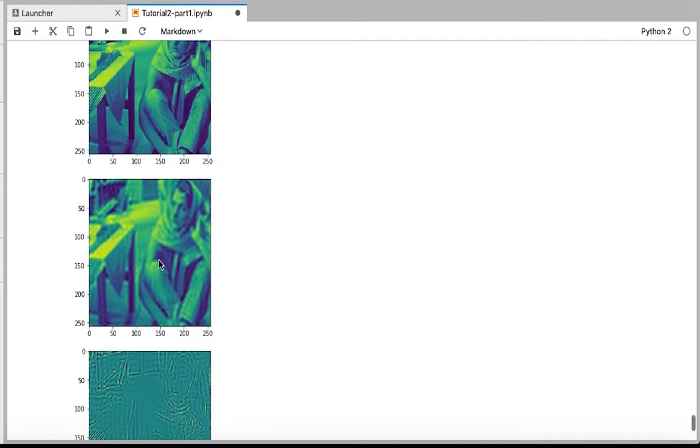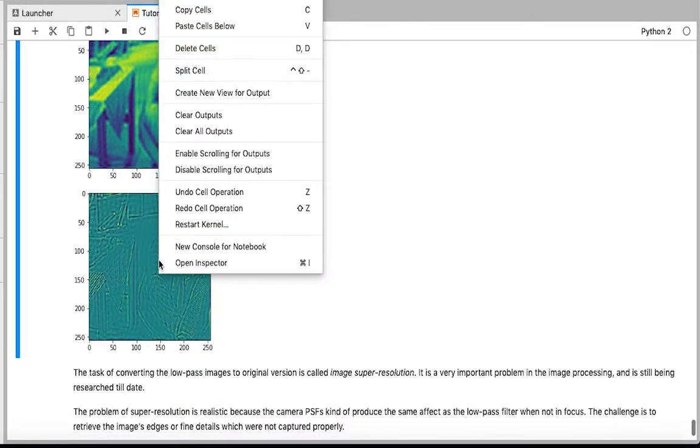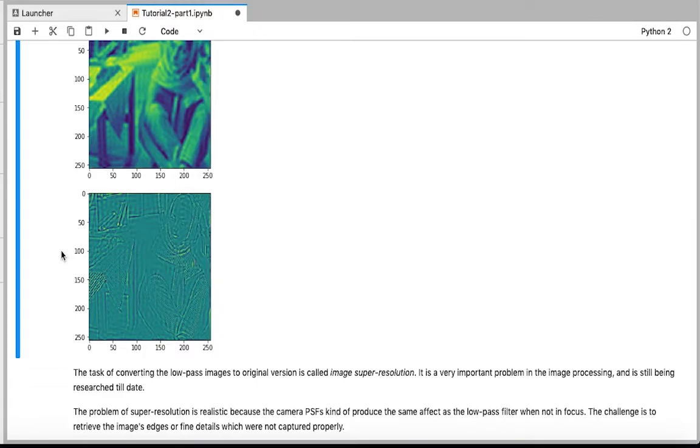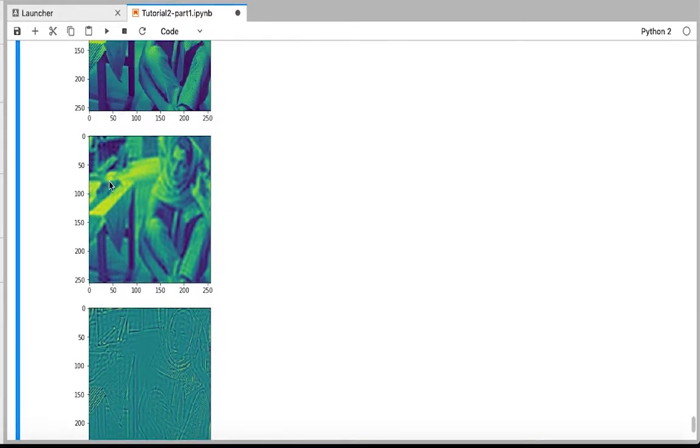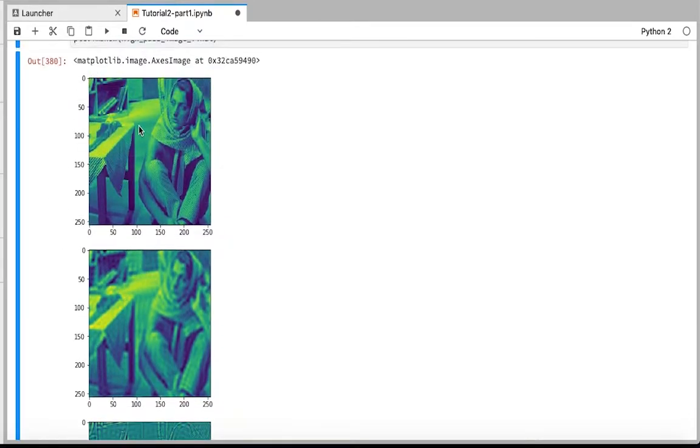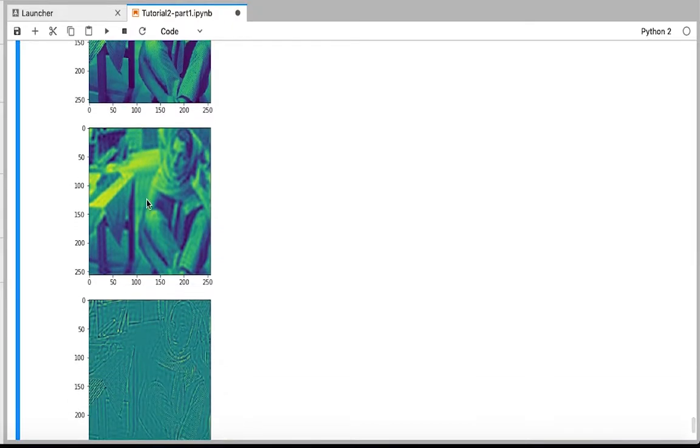There's a very important problem in image processing called super resolution. The problem posed by super resolution is that you're given this kind of image and you want to recover this, right? So basically you have to create these edges out of nothing.